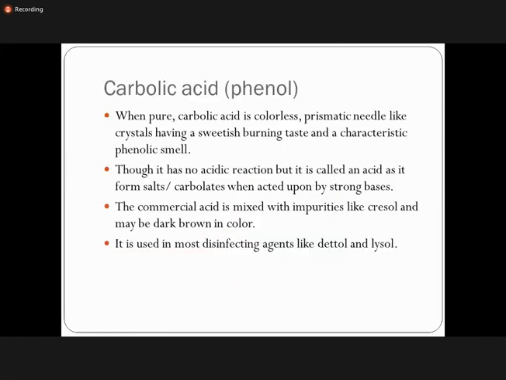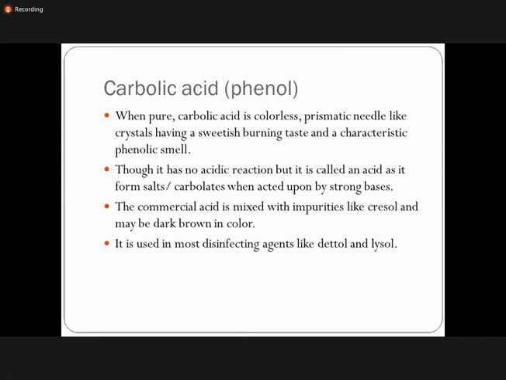When you see carbolic acid in its pure form, it is colorless. It is like needle-like crystals, and when you try to taste them, it has a sweet burning taste and the characteristic phenolic smell. The smell that you get from Dettol is the smell of phenol.